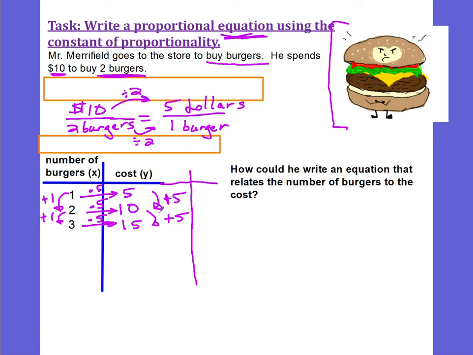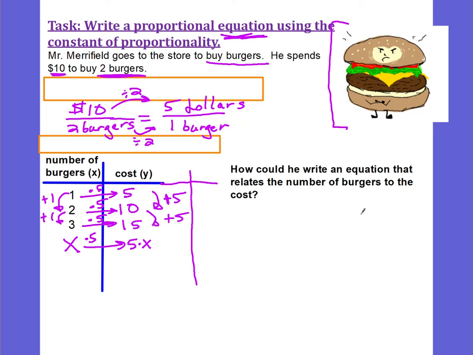And then we can ask ourselves, how much does it cost for X, an unknown number of burgers? Well, no matter how many burgers I have, if it's 1 burger, I've got to multiply by 5. If it's 2 burgers, multiply by 5. 3 burgers, multiply by 5. X burgers, better multiply that by 5 as well. So X burgers better cost 5X, or 5 times X if you want to be really specific.